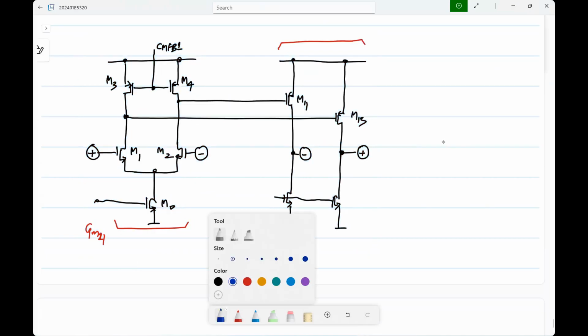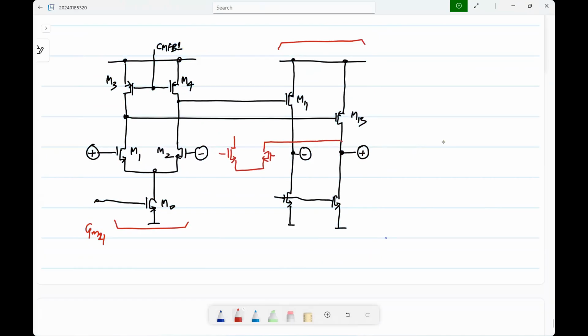One is, of course, you have another differential pair connecting to the output. It can be NMOS or PMOS. Of course, you have to make sure that the bias currents are all adjusted correctly and so on. So you will have to do this, and this would be GM1.